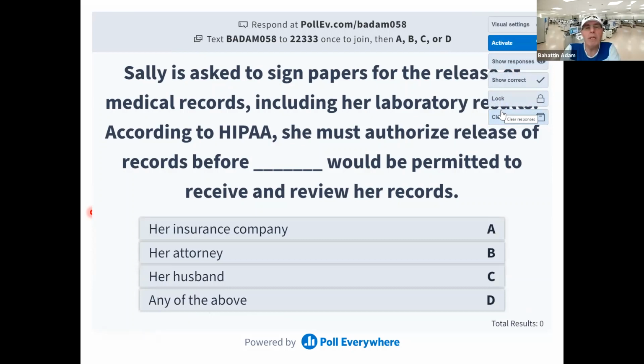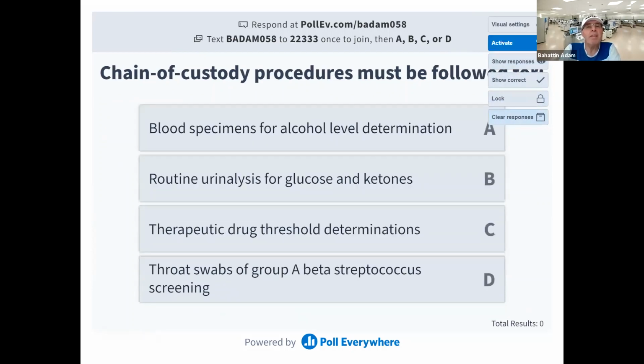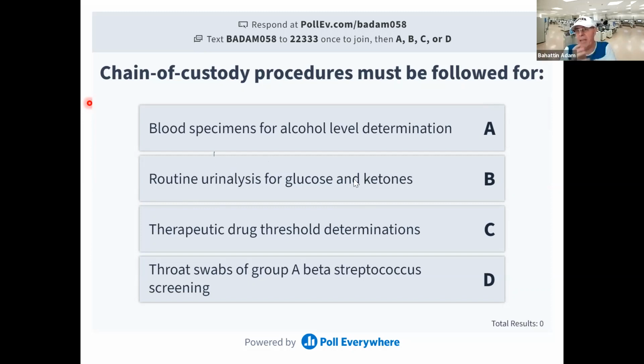Now one more. You remember the chain of custody, right? The chain of custody procedure must be followed for which of these lab tests? I didn't mention a specific lab test, but I described the situation which needed chain of custody. Some questions also help you to understand the lectures.